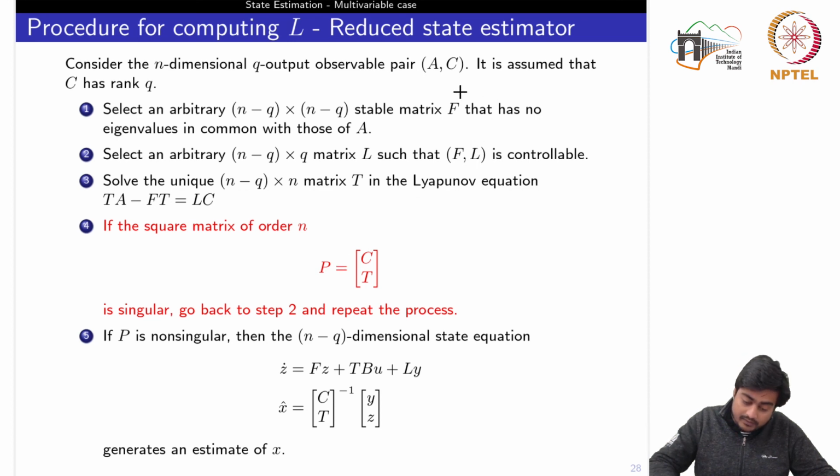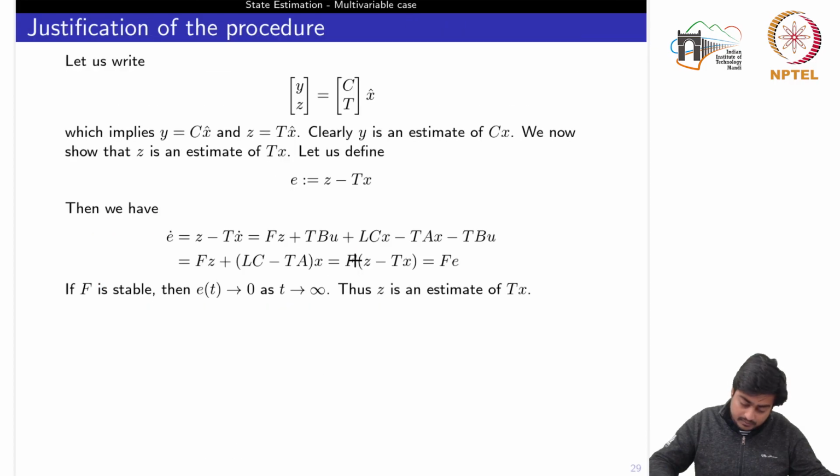But although we have ensured these two conditions in the multivariable environment, still we cannot ensure the non-singularity of the P matrix. Okay, so we will see what we can say at least of this P matrix. So now if we go through the similar procedure to ensure whether the designed estimator gives us the estimate, this is the standard procedure that you can follow.